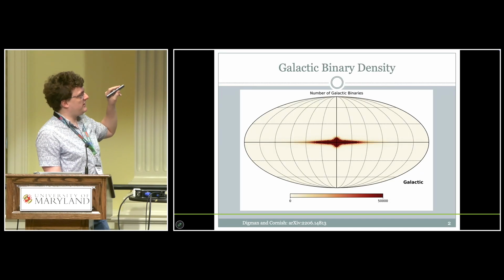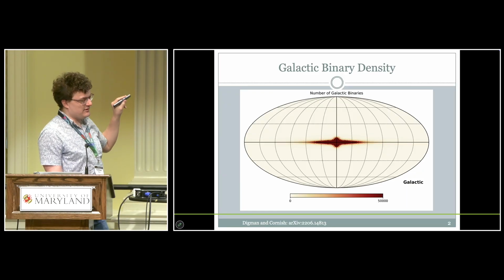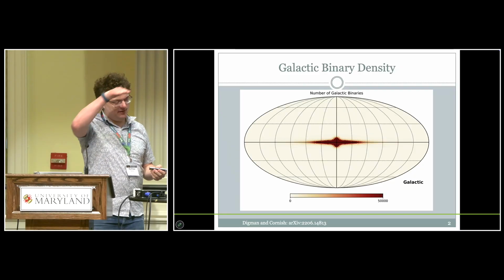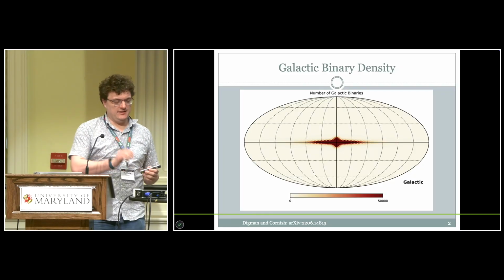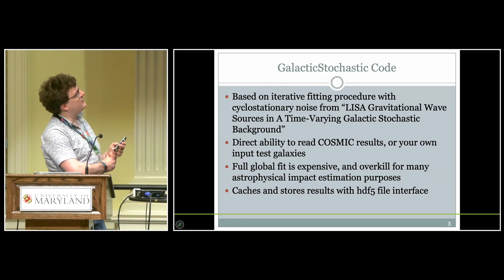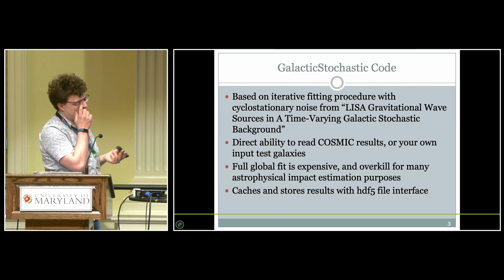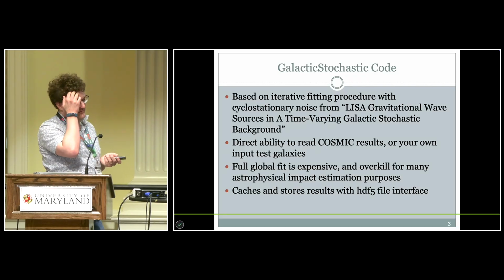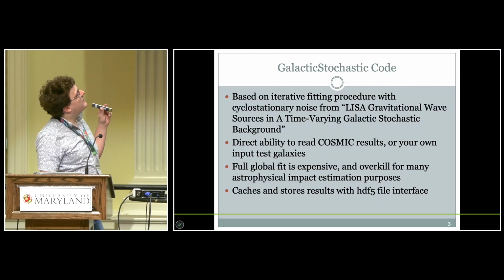So you have something like this that rotates around a galaxy, and you model the variation correctly. The current implementation of that is this public code for use by astro people, I guess, mainly.